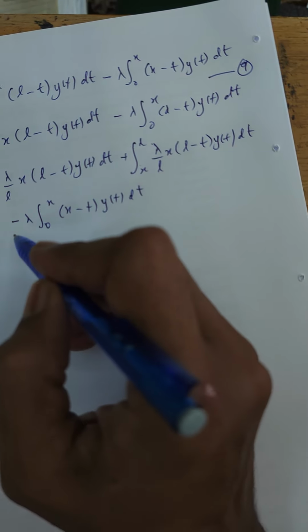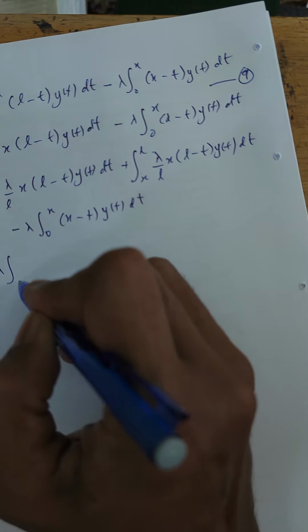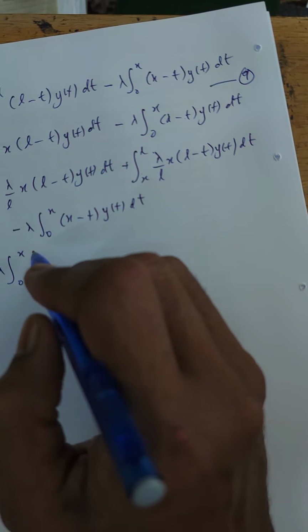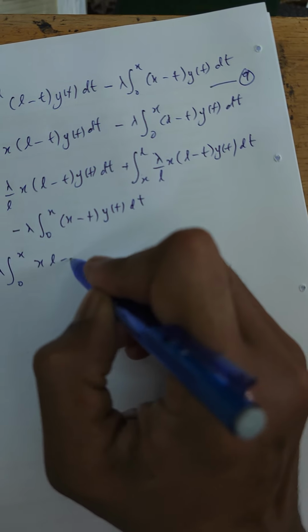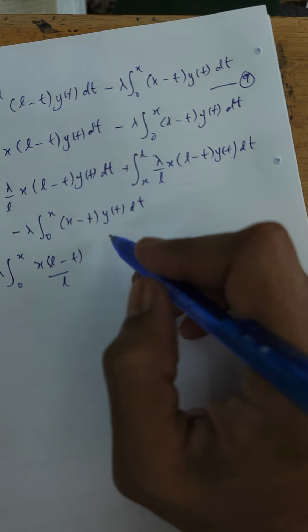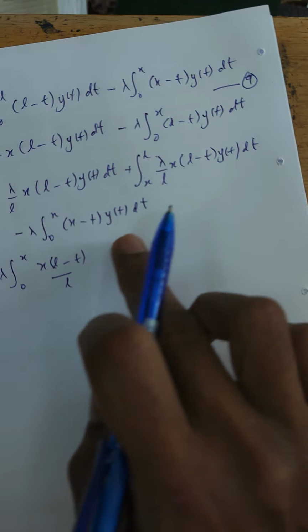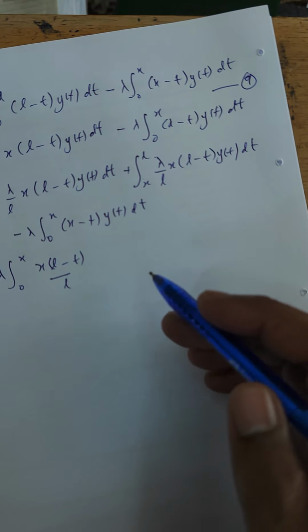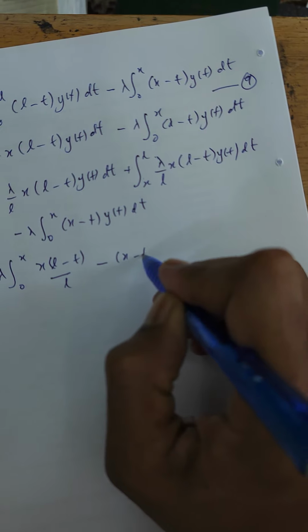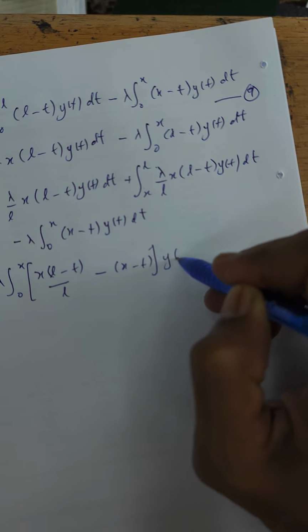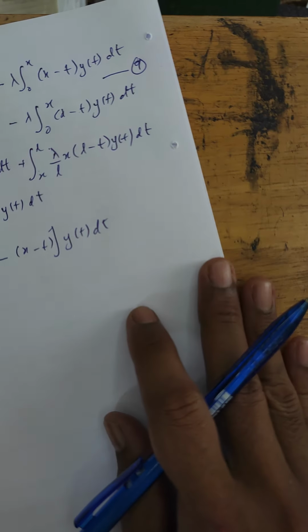Then you can rearrange this. That will give us lambda integrate 0 to x. So there's lambda, take it out. So we have x (L minus t) over L, and then, because there's 0 to x, minus (x minus t), all those things, y(t) dt.